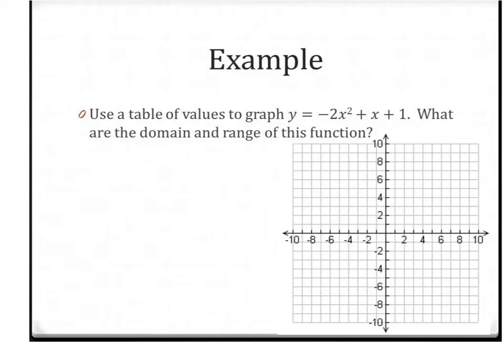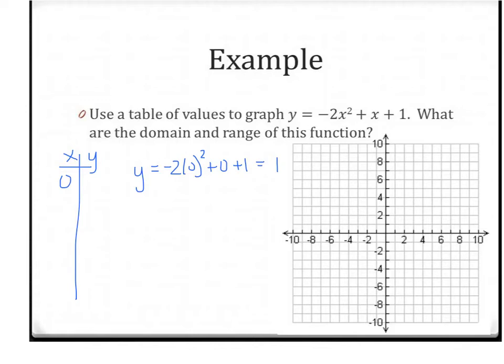Alright, so let's try another one. Table of values, and I would start with 0. So we get -2 times 0 squared plus 0 plus 1. That's going to turn out to be 1. So I get a point at 0, 1. Then I would put in 1.